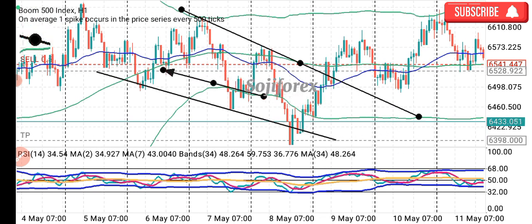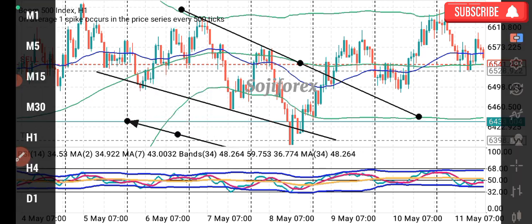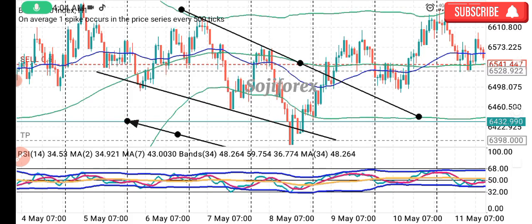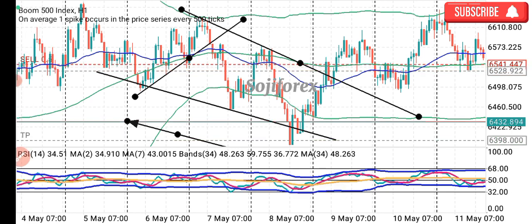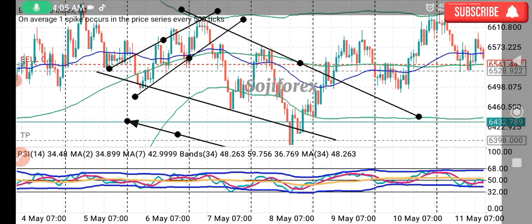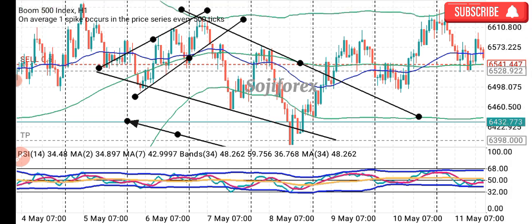And if you look at here as well, price has been coming down as a downtrend. So all you need to do, you will know that this is a bearish flag pattern. What we have here is a bearish flag pattern, price coming down.